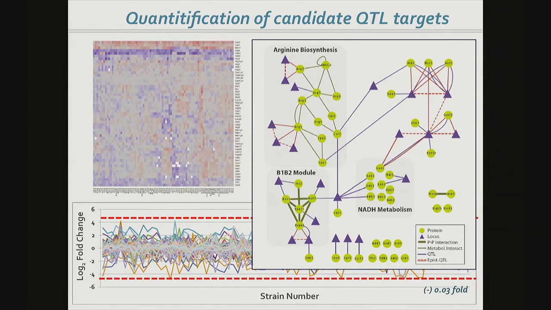We see that every single component, with the exception of these 2, but on the others, every single component of this complex has its own control mechanism that controls the abundance.